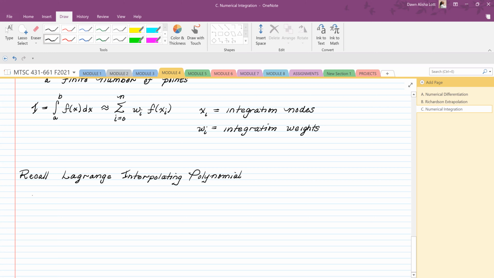Okay, so remember we had some function f of x, and it was approximated by a polynomial of degree n, depending upon the number of points that we were looking at. And this was the sum i equals 0 to n of Li of x, and then we multiplied by f of xi. And here we had a set of points xi, i equaled 0 all the way up to n.